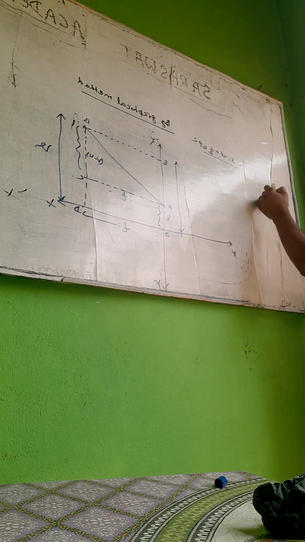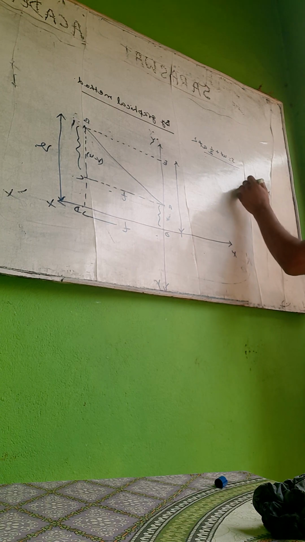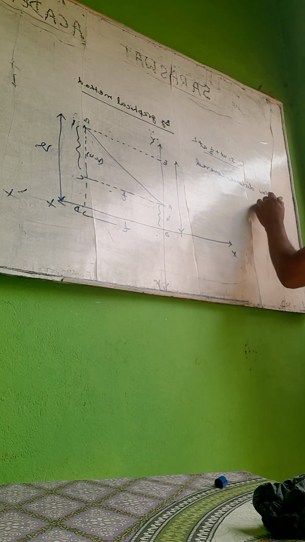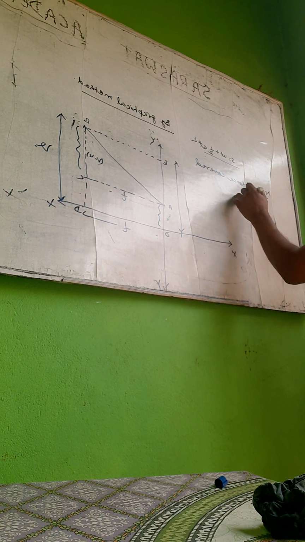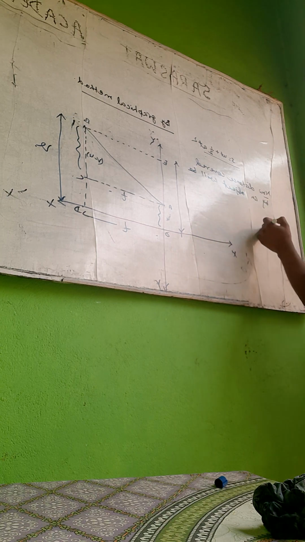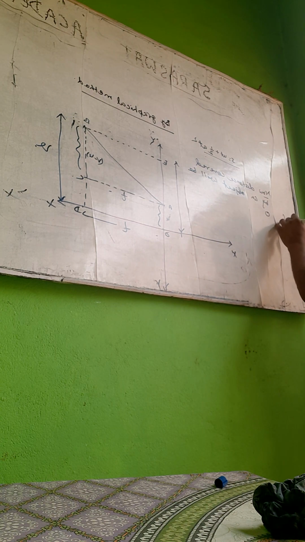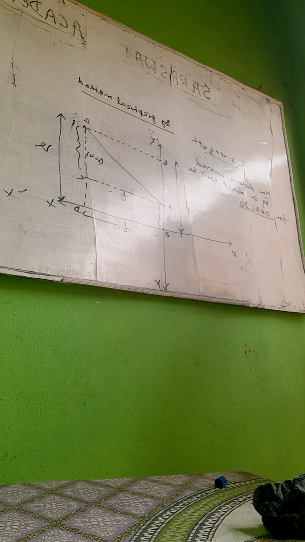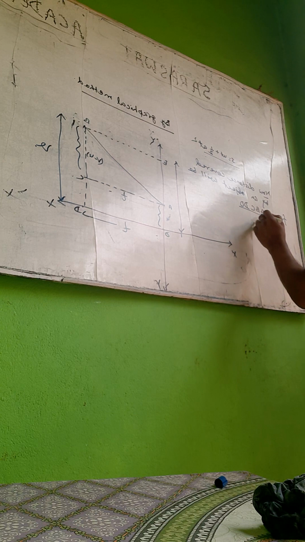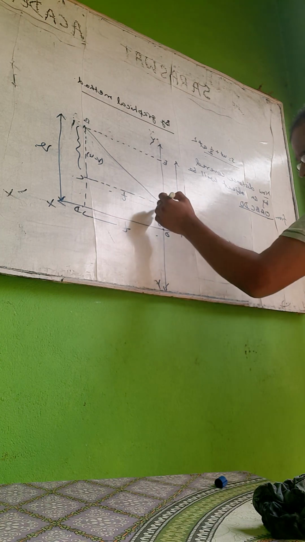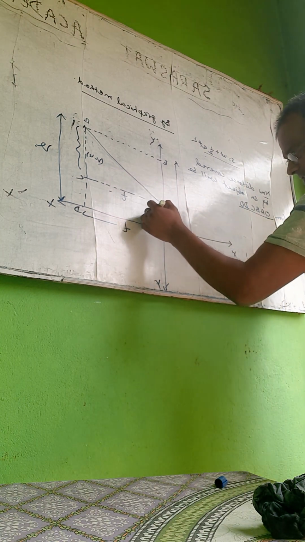Now the distance covered by an object will be from O, A, B, C, D, and O. In this case, this figure, the shaded region, is the distance covered.